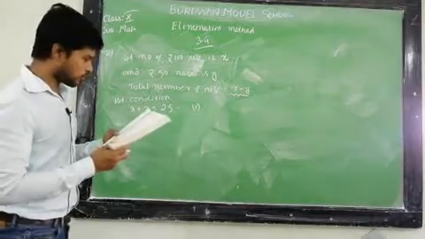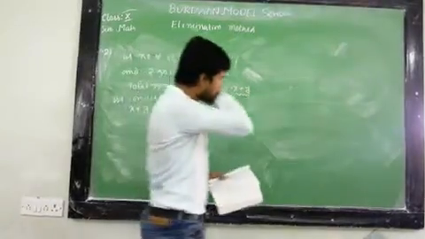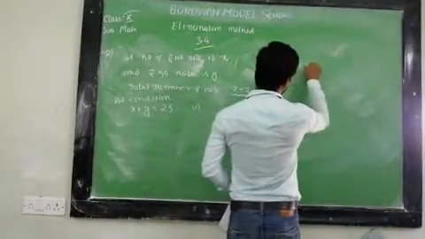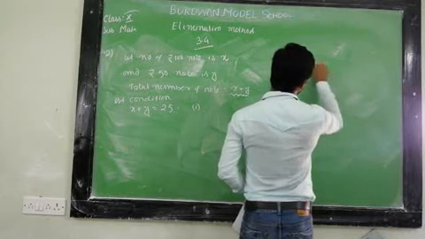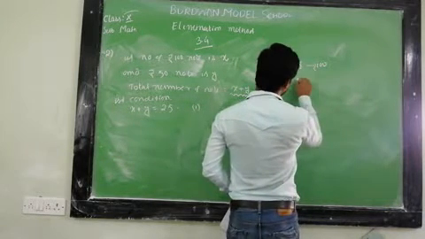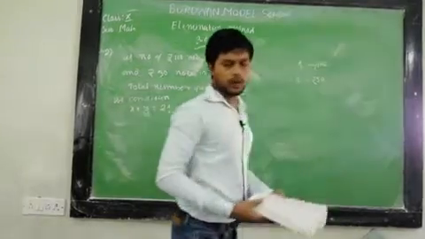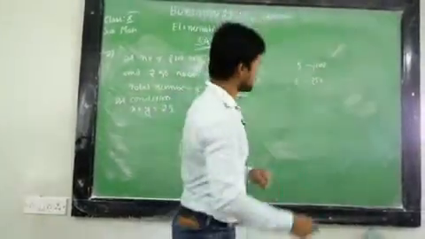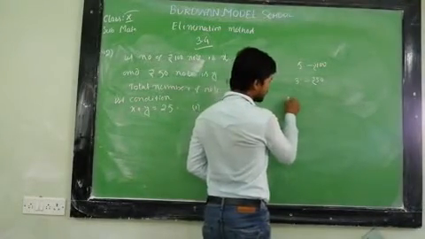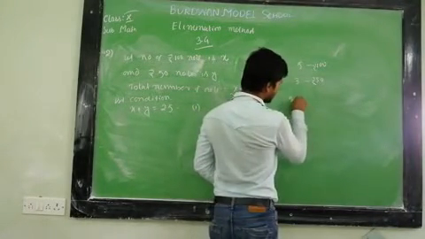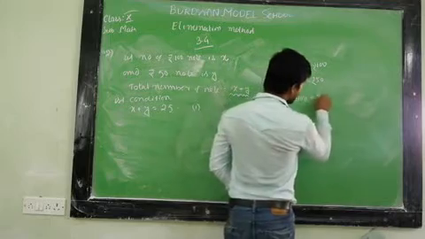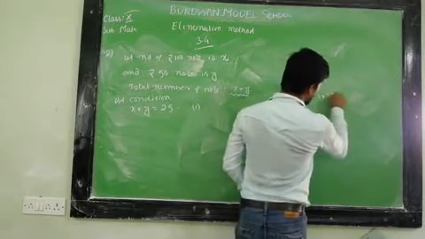Now we have to form the second equation. For example, suppose you have 5 notes of 100 rupees and 3 notes of 50 rupees. So what will be the total money in your hand? It will be 5 into 100 plus 3 into 50.